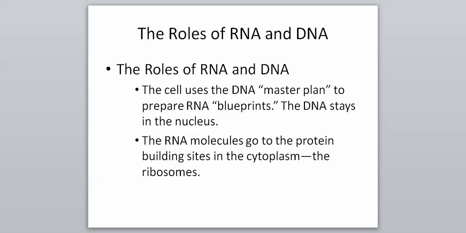It doesn't go out and make proteins itself, so it sends RNA to go make them. The RNA molecules go to the protein building sites in the cytoplasm, which are our ribosomes. So that's a pretty good analogy to use here.